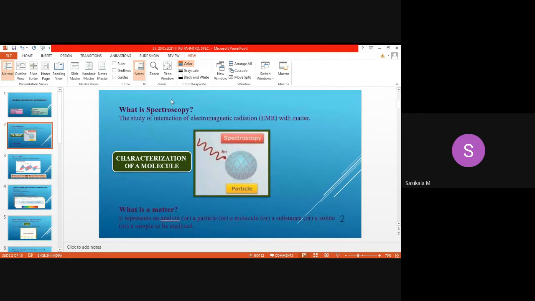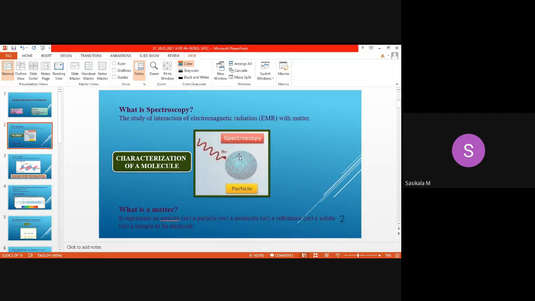Whichever technique uses electromagnetic radiation reacting with the sample, matter represents an analyte, a particle, a molecule, a substance, a solute or a sample, whichever is to be analyzed.